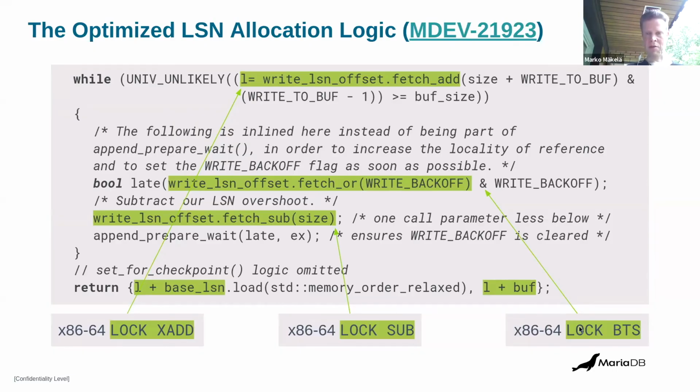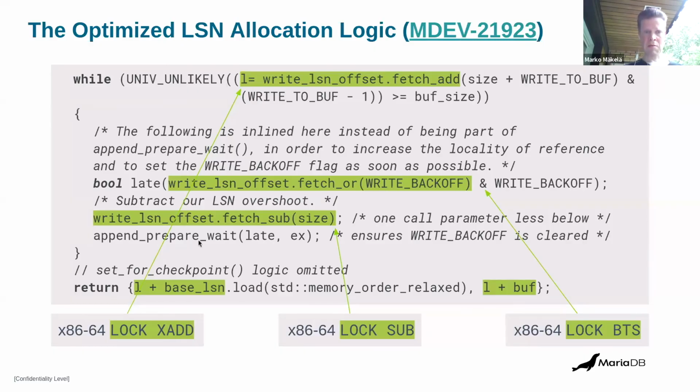Older GCC versions before GCC 7 would actually create an ugly loop around lock compare exchange, which is not what we want. And after we have set this flag, we can subtract our size. It's either lock xadd or lock sub which will be used for that. And then we call a non-inline function that will actually do the magic for writing to the file and ensuring that the backoff flag has been cleared.